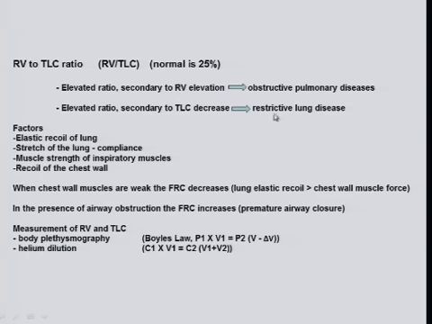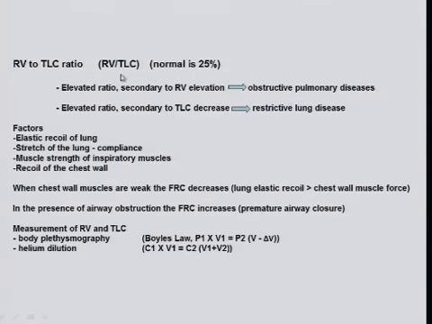Okay, so it decreases surface tension. So surfactant's very important in that respect. So those would both be considered restrictive lung diseases. In other words, it restricts the lung from expanding. Obstructive pulmonary disease, we talked about several of those. That's anything that constricts or narrows the conductive airway.